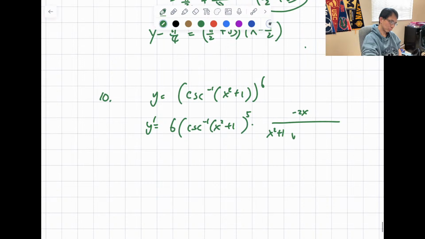Well, u times the square root of u squared minus 1, right? So it'll be x squared plus 1 squared minus 1. But do I need an absolute value on the first part? No, because they're always positive.